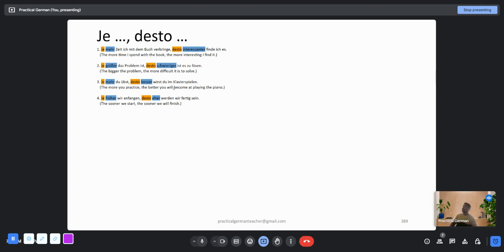Now you understand, right? I told you after desto, the conjugated verb follows immediately after the adjective. Here you also have a verb, but the conjugated verb is werden. Sein is not the conjugated verb. But what you said, Suresh, "desto früher sind wir fertig," is not wrong. It's another way of saying it.